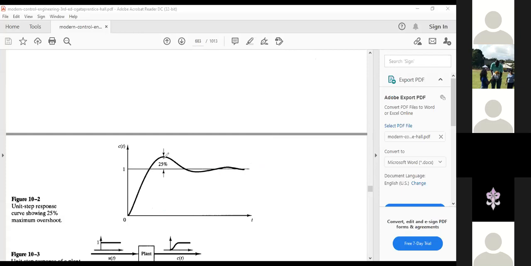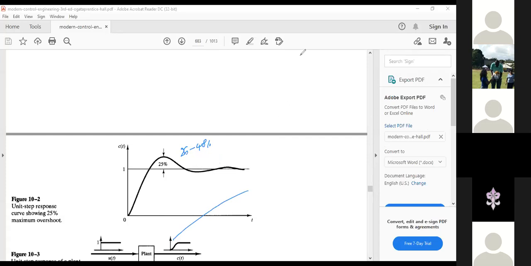It says that you're going to end up with 25 to 40% overshoot. You don't bother with settling time, rise time, peak time, or any of those parameters. It is simply a method that gives noise resistance and error resistance.